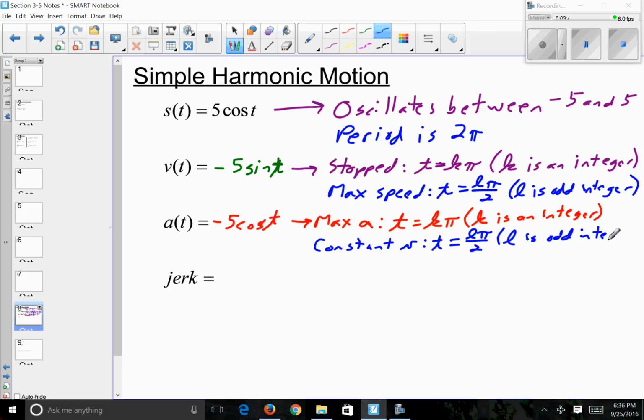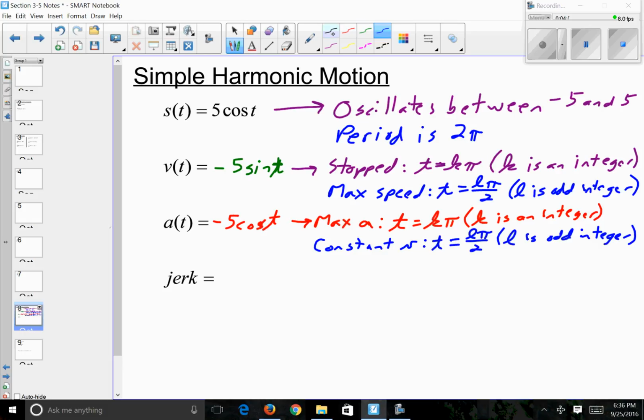And so what we can see is that we have constant velocities when we have a maximum speed, and we have maximum accelerations when we have a 0 velocity. And if you can picture in your mind a spring bouncing up and down, that does tend to make sense.